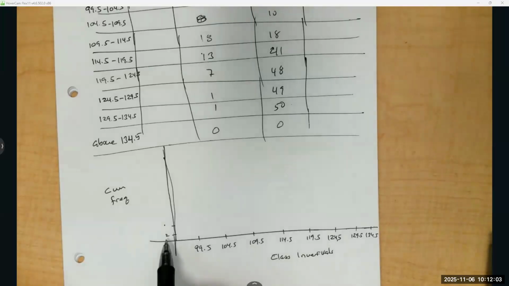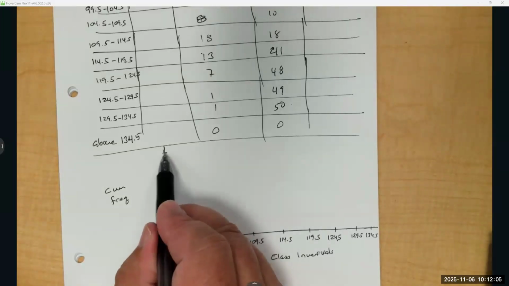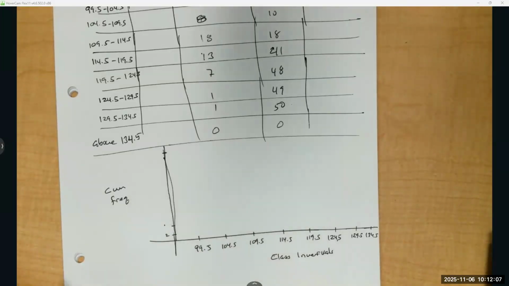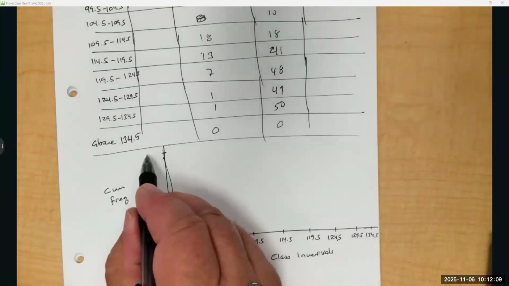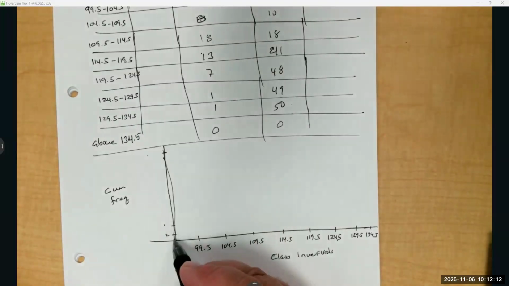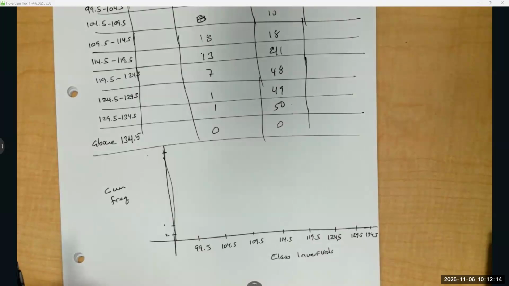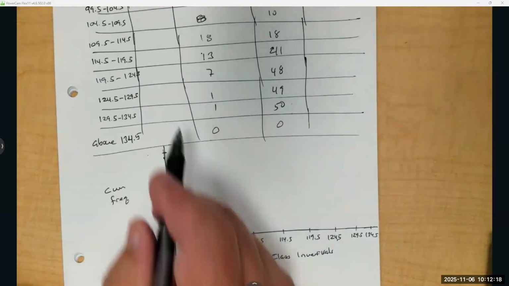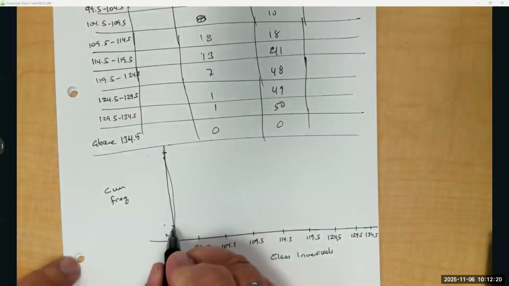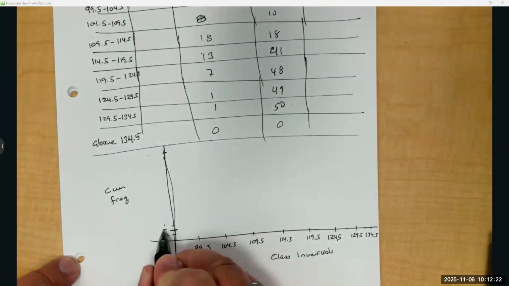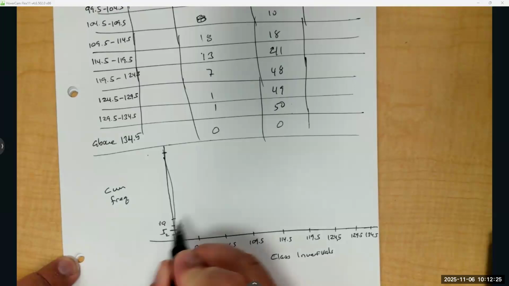Why is that important? Because what's the highest frequency you can go to? Yeah, so we have to go from 0 to 50. And how are we going to do that? That'd be 5, 10, maybe 10, 20, 30. How about fives? If we did fives, we can have a lot more of those, make it easier to graph.